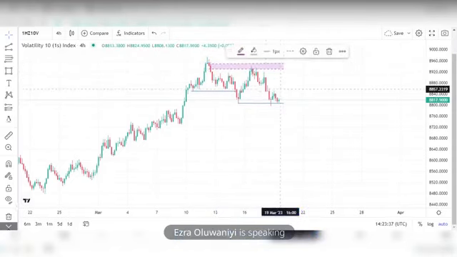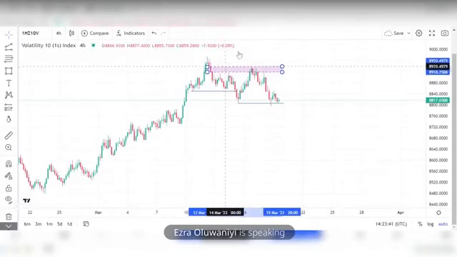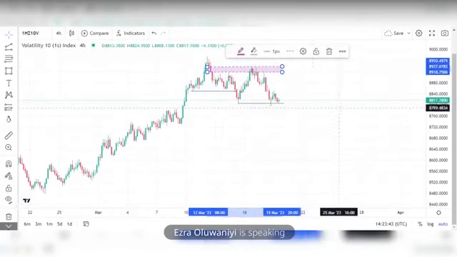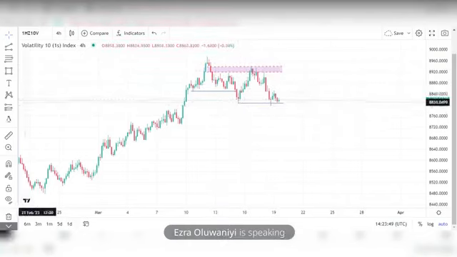I think I posted this in the mentorship group, and then this is what we have. So price came into it and then started selling. So I'm expecting price to close below this low, which price has not done yet.